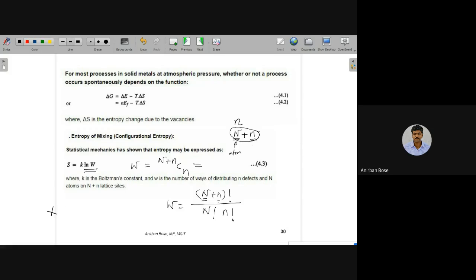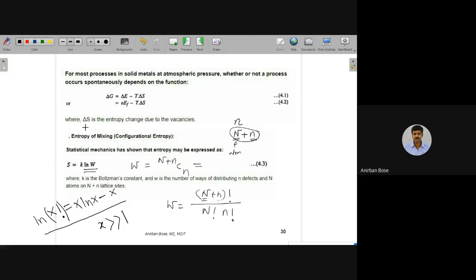If you remember, Stirling's approximation is log of x factorial equals x log x minus x. This relation is true only if x is very, very large, much larger than 1. In that case you can use Stirling's approximation, which is true here.